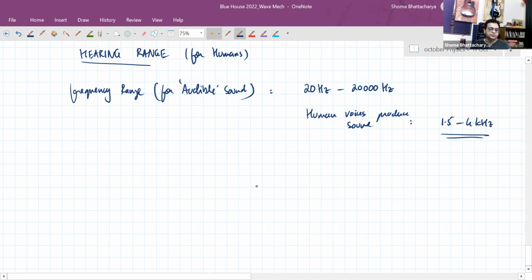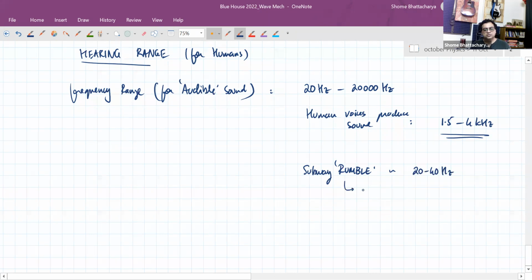For example, if you hear a subway rumble, that is probably in the region of about 20 to 40 hertz.